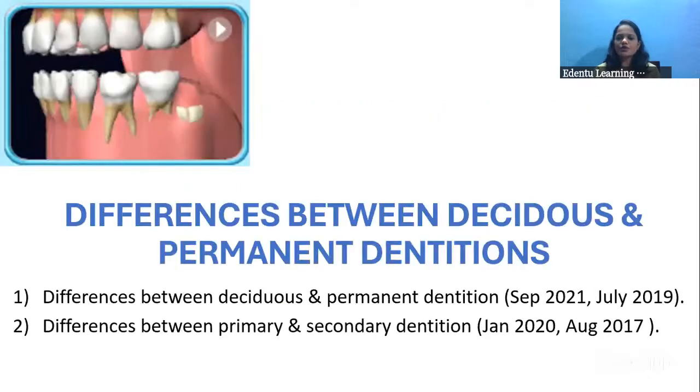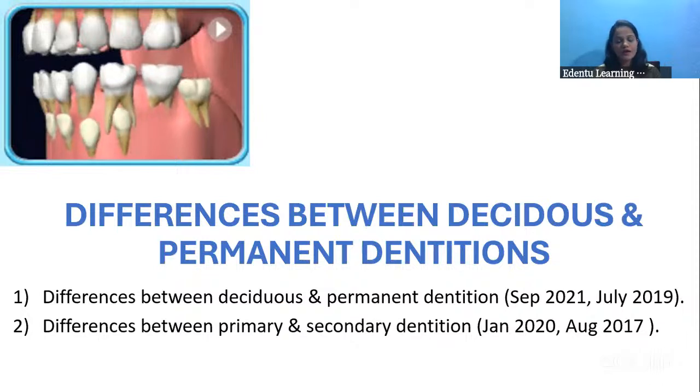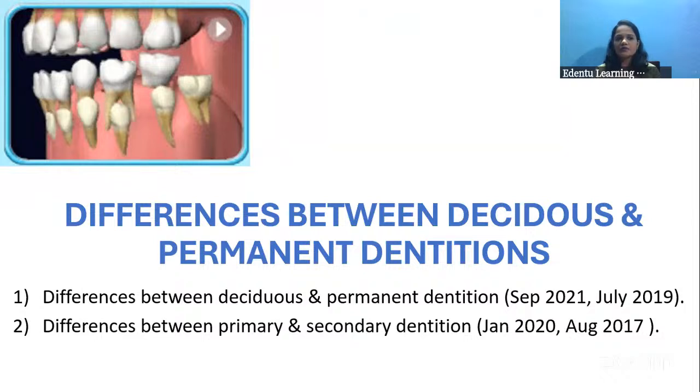One such important question is the differences between deciduous and permanent dentition. Over the last 5 to 7 years, this has been a frequently asked question, and once or twice it came as an essay question.